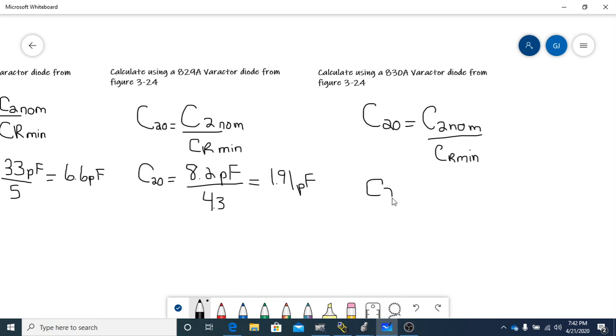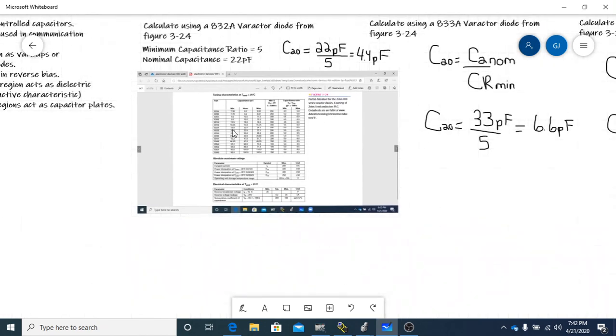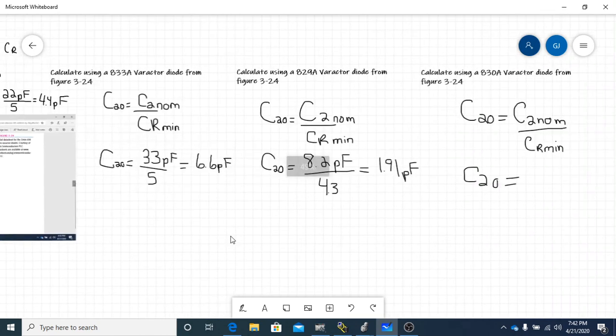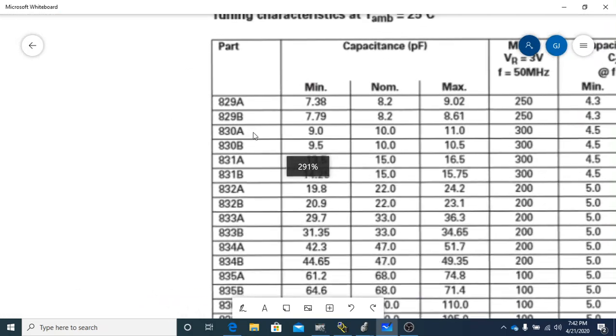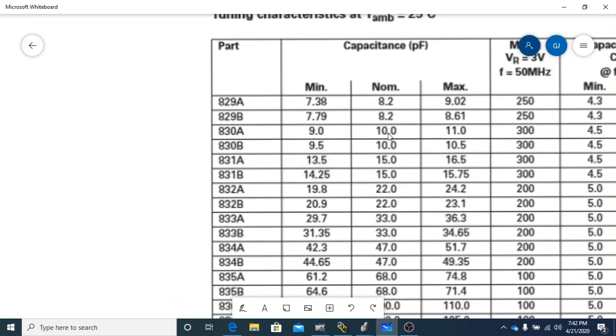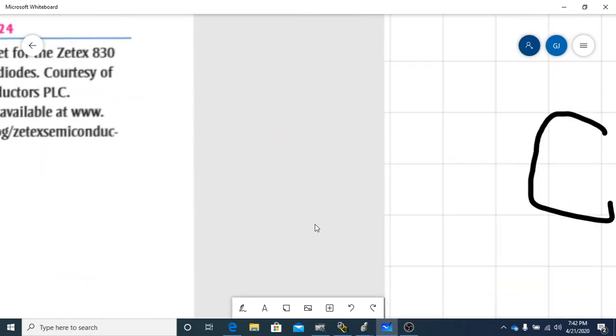So C20 equals C2 nominal. So if we go back over to C2, and that was 830A. Okay, so that's going to be 10 picofarads at 4.5. All right, so 10 at 4.5.